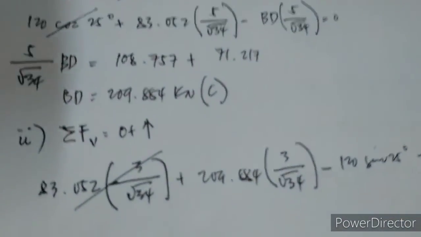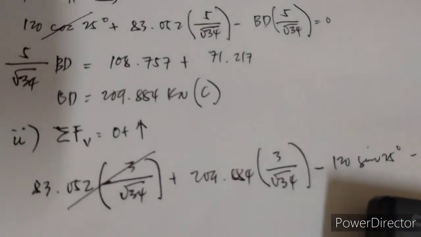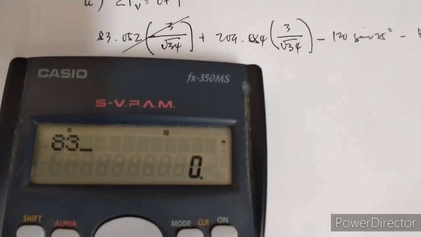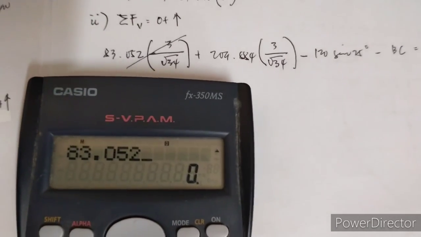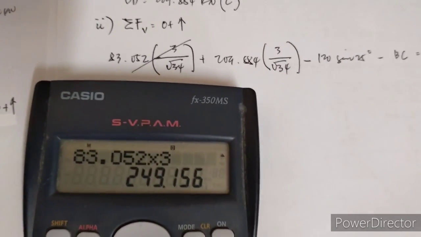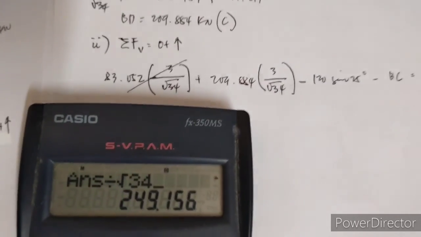What's the numerical value of this? So we have 83.052 times 3 divided by square root of 34.